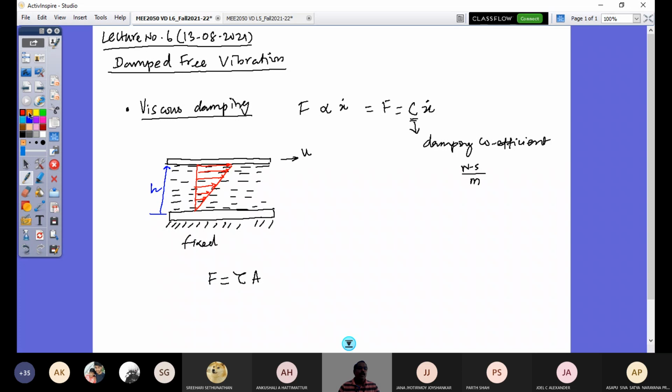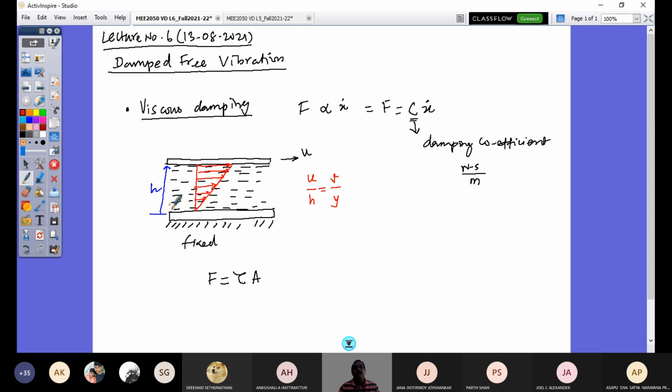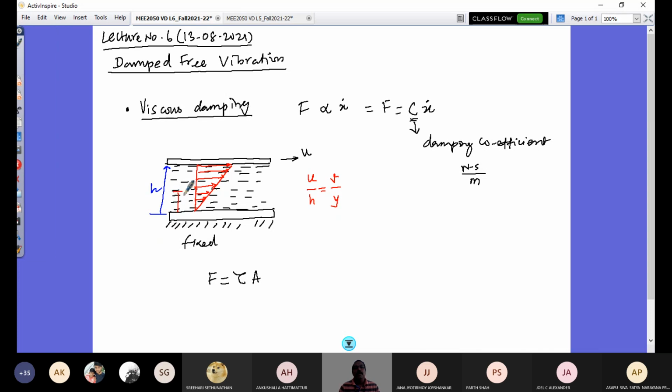The variation can be looked at as u by h is equal to the velocity at any point by y. What I mean is, if I consider a fluid layer at a distance y from here, the velocity of this fluid layer is, say, v. Then v by y is u by h. I get this linear relationship, right?